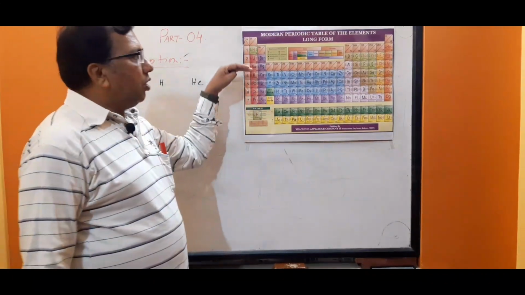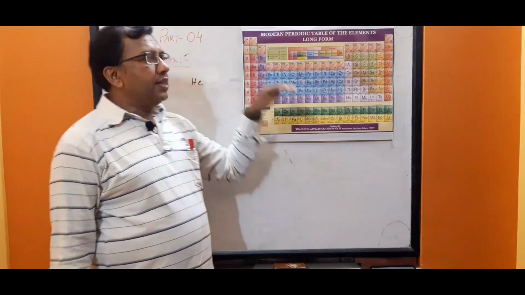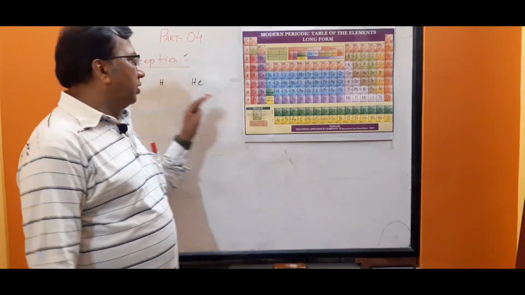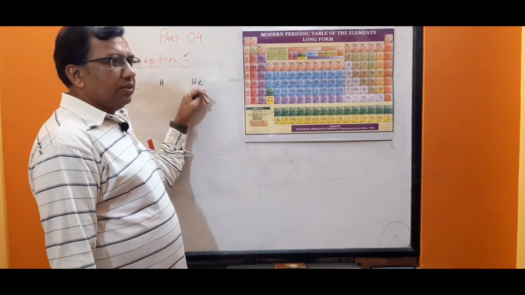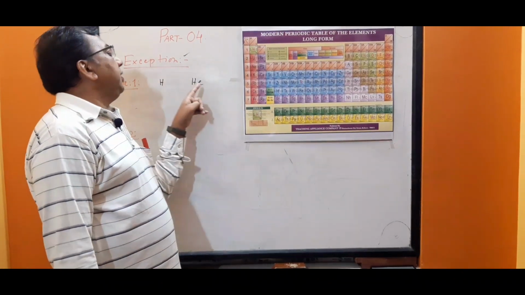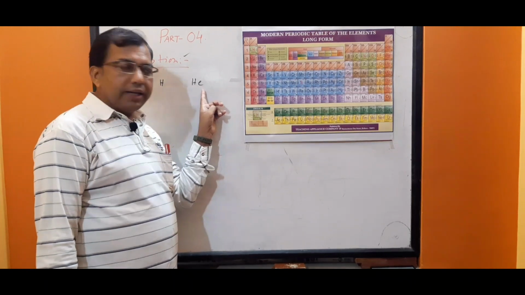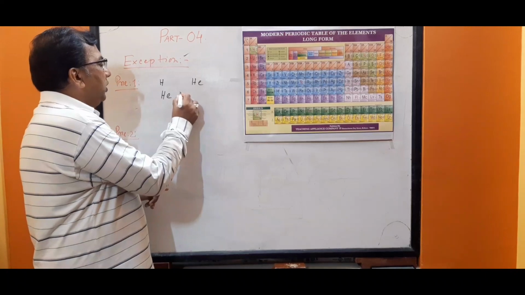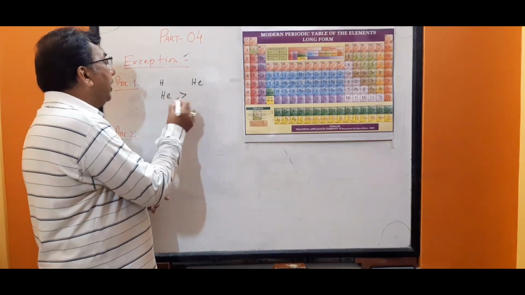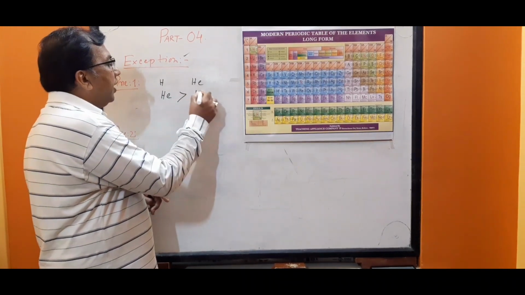According to the normal, usual rules, the atomic radius will decrease from left to right. That means hydrogen will be greater than helium. Yes, but in the question, the atomic radius of helium will be greater than hydrogen.